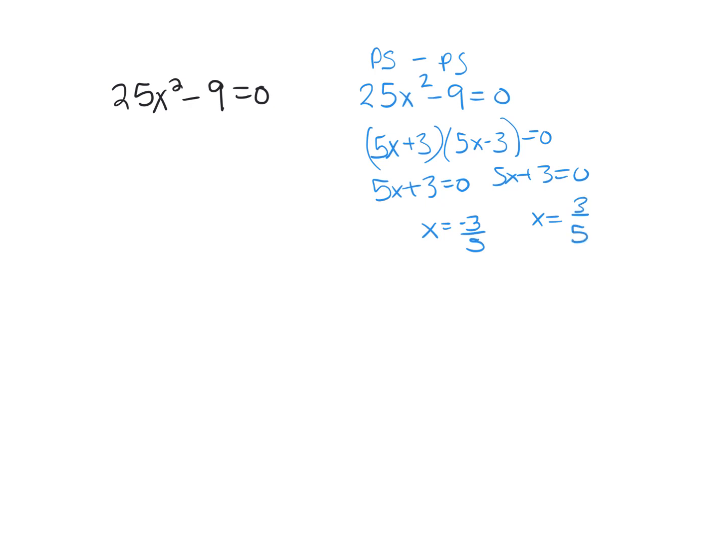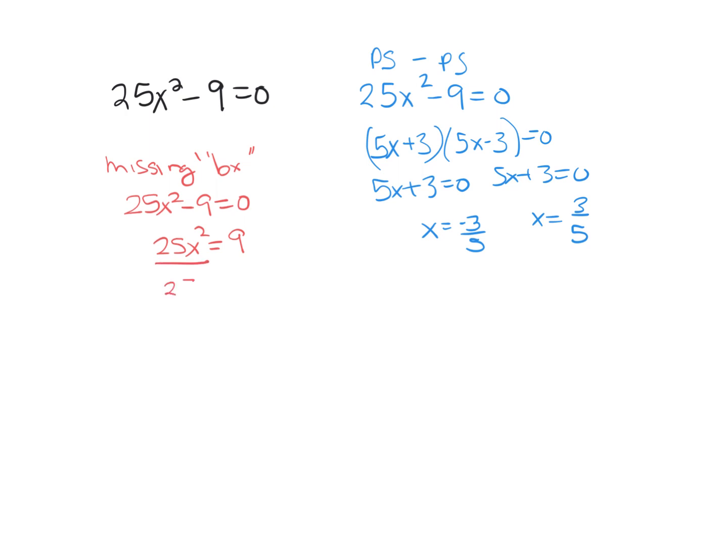If you looked at this problem and thought, hey, that is missing the middle term, that bx term, you can do the square root method with it. That would be a correct way to go also. If we did that, we would isolate the square by moving the minus 9 to the other side.